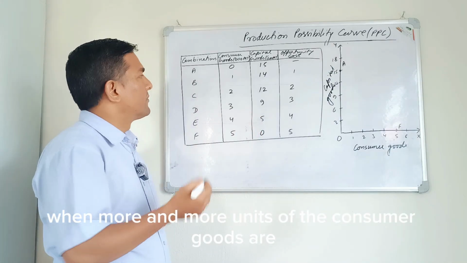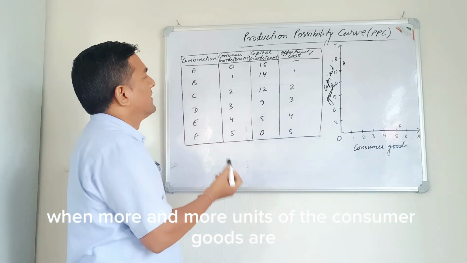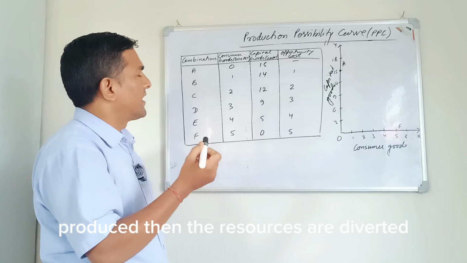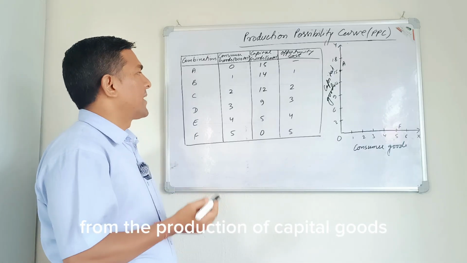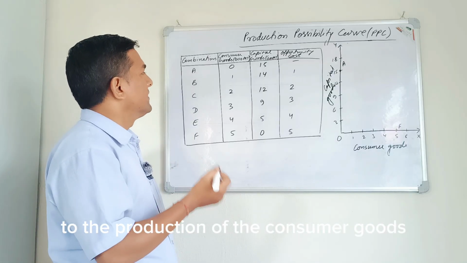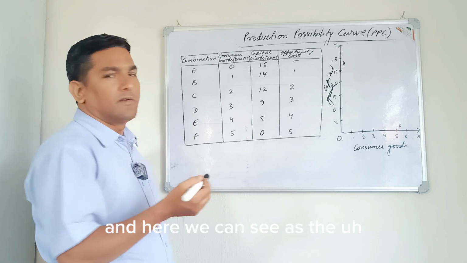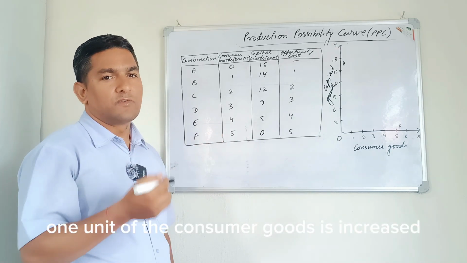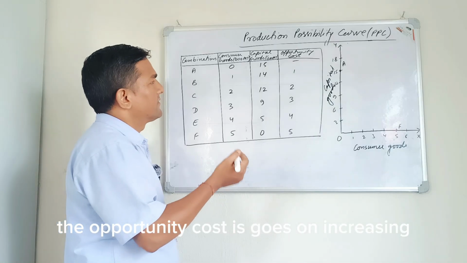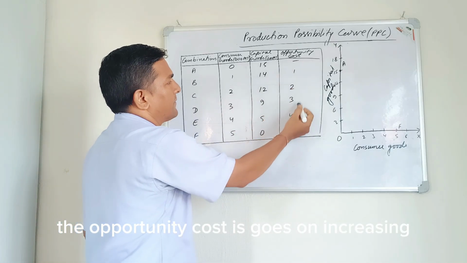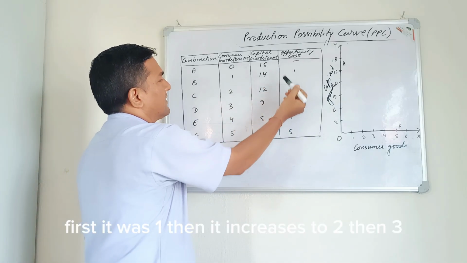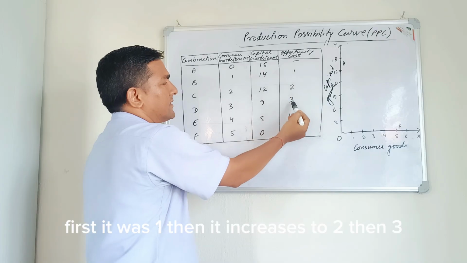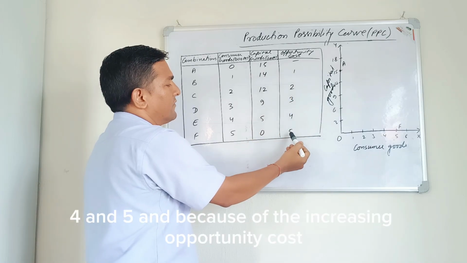When more and more units of the consumer goods are produced, then the resources are diverted from the production of capital goods to the production of the consumer goods. And here we can see, as 1 unit of the consumer goods is increased, the opportunity cost goes on increasing. First it was 1, then it increases to 2, then 3, 4, and 5.